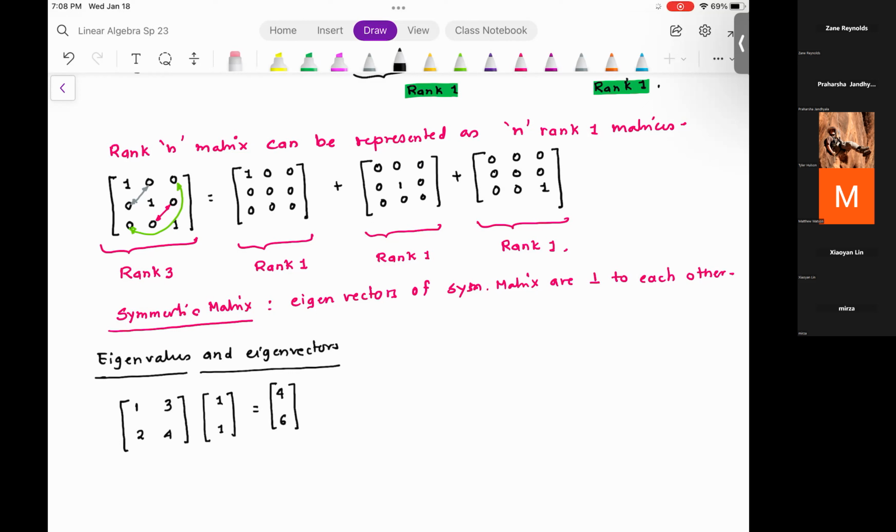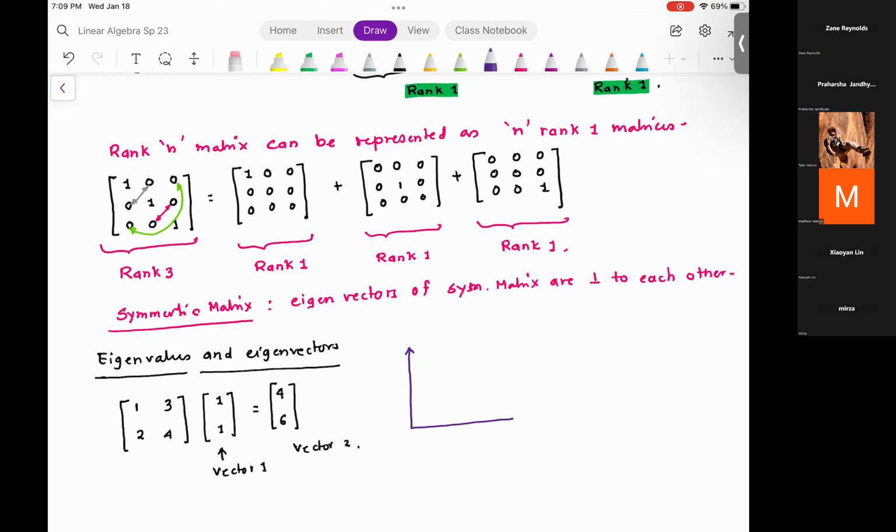So this vector 1 gets transformed to vector 2. The only problem is, if you look at vector 1 and vector 2, they may not be collinear. Let me draw these two vectors.